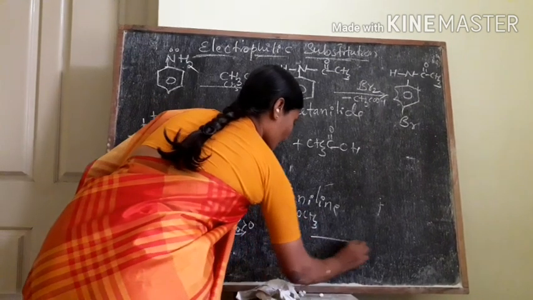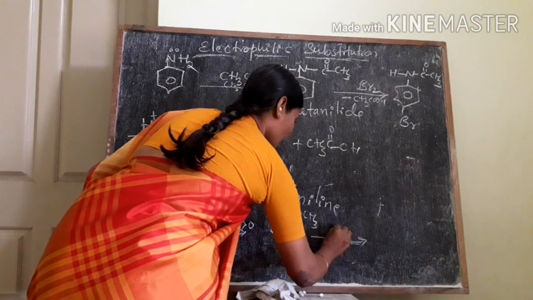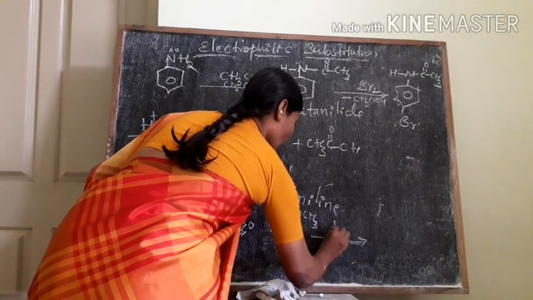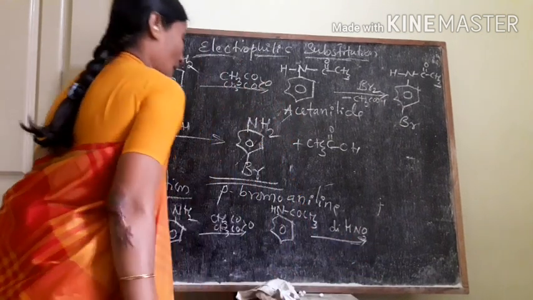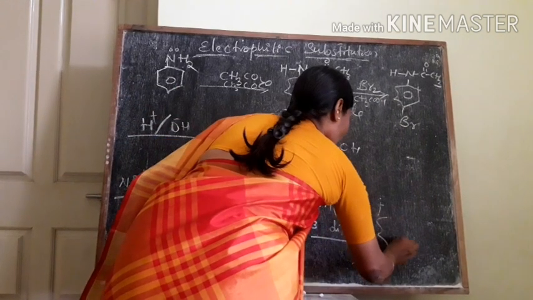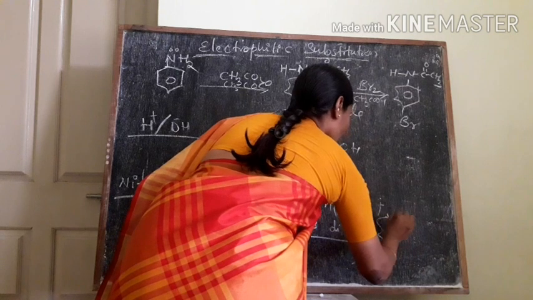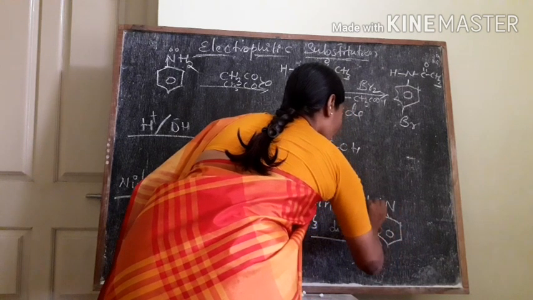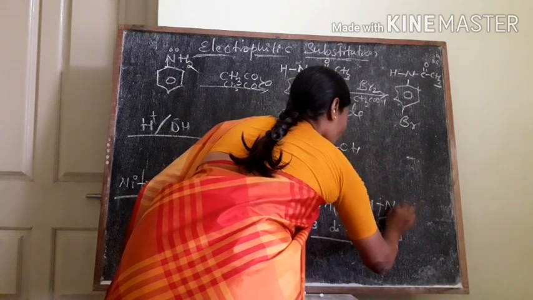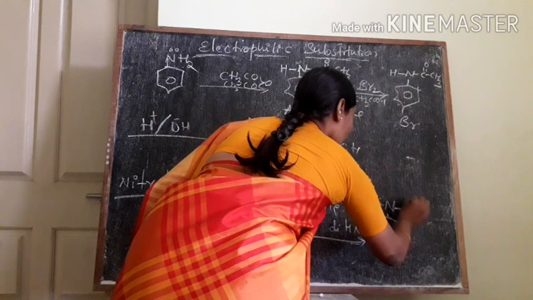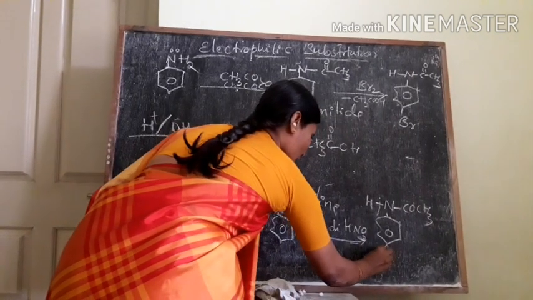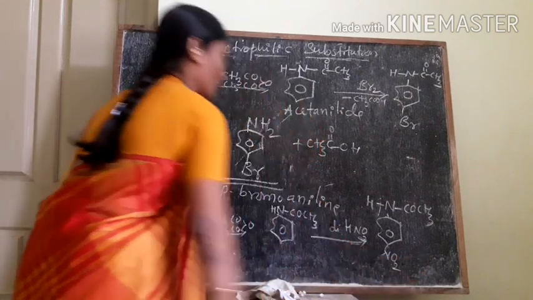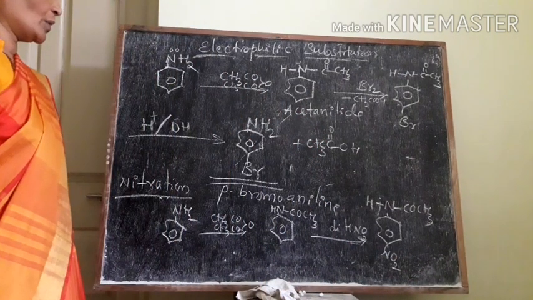Now it undergoes nitration, that means dilute HNO3. NHCOCH3, and at the para position what happens? It is an NO2 group. Para position NO2 group.